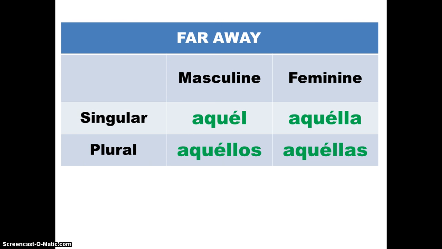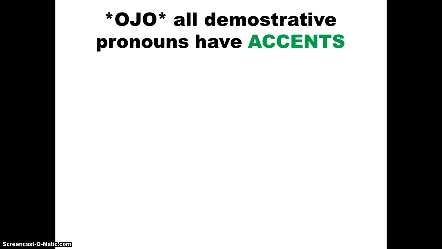And then finally, aquel, aquella, aquellos, and aquellas are a little bit different because that accent is still on the E, not the A, as some people tend to do. The accent's on the E. As I mentioned before, all demonstrative pronouns have accents.